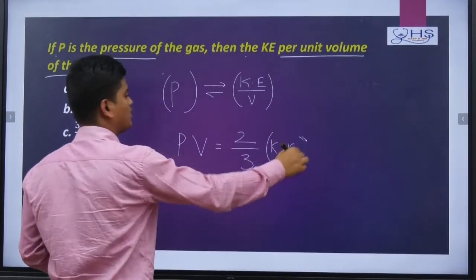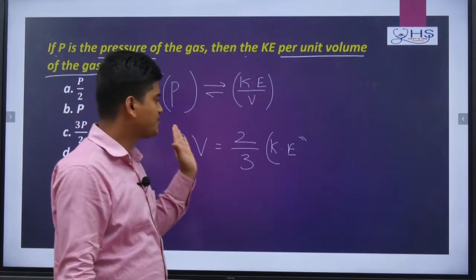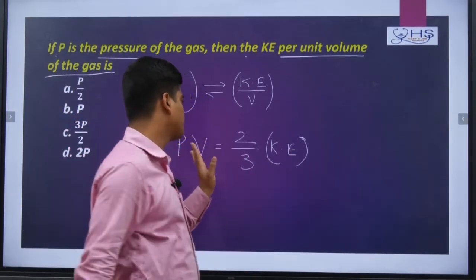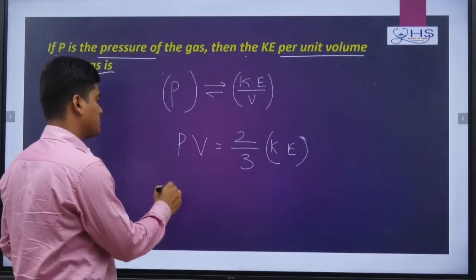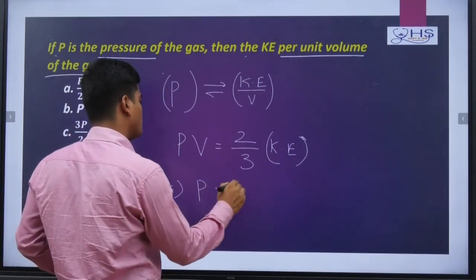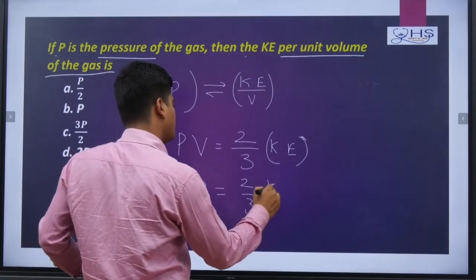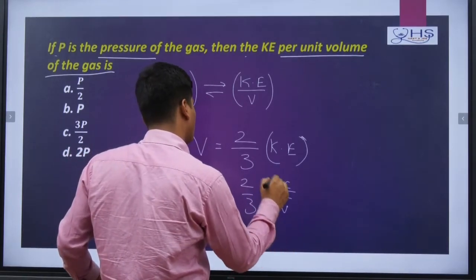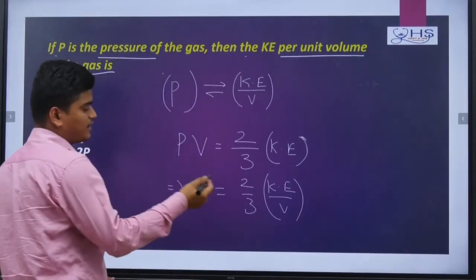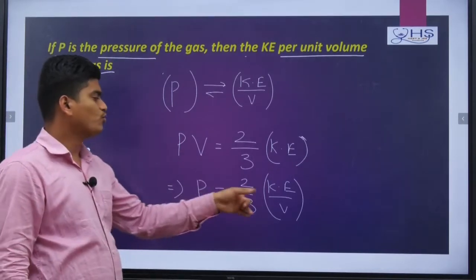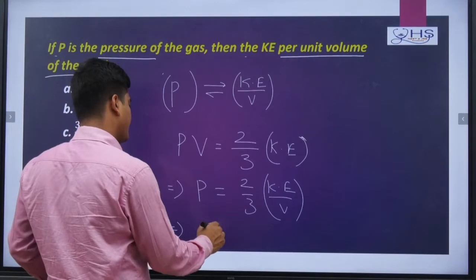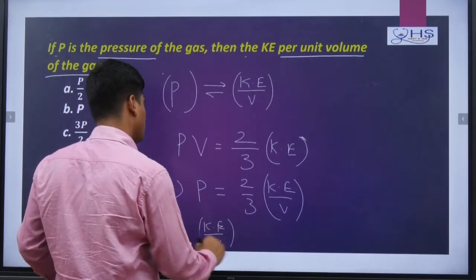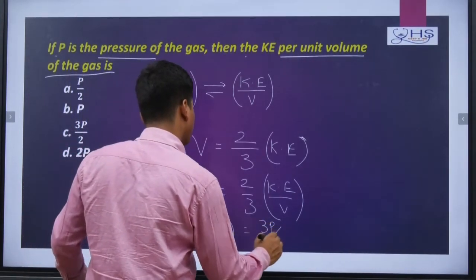Whenever we do the derivation for average pressure, after that we can calculate that PV is 2 by 3 kinetic energy. From here I can write P equals 2 by 3 kinetic energy by volume. So kinetic energy by volume is 3P by 2.